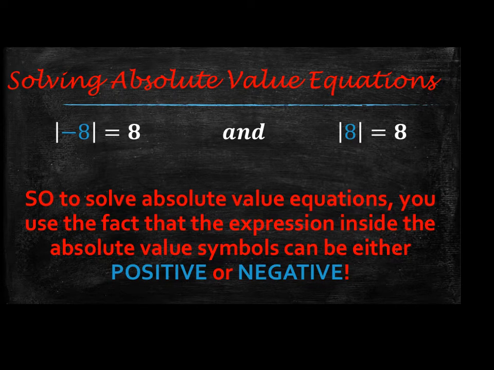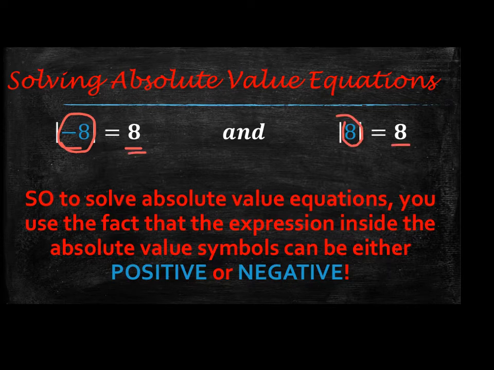In order to solve absolute value equations, you have to remember that the expression inside the absolute value symbols can be either positive or negative. So if you look at this example, you can see that the absolute value of -8 is equal to +8, and the absolute value of +8 is equal to +8.